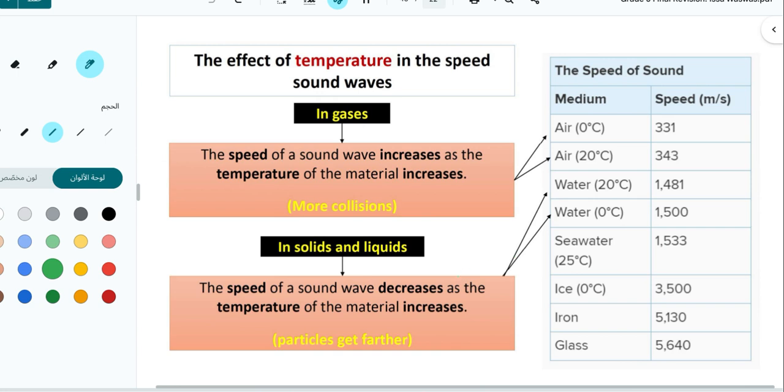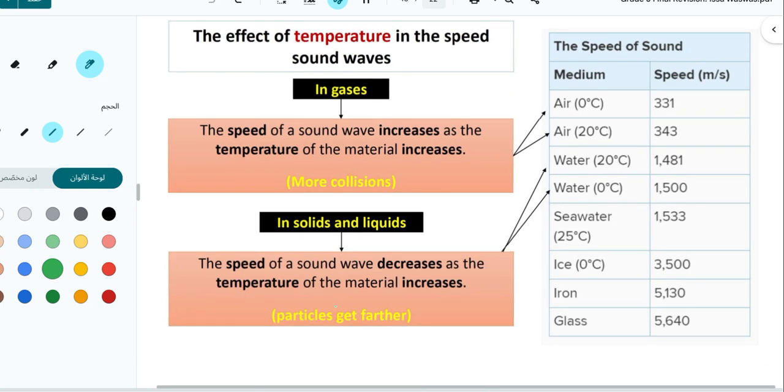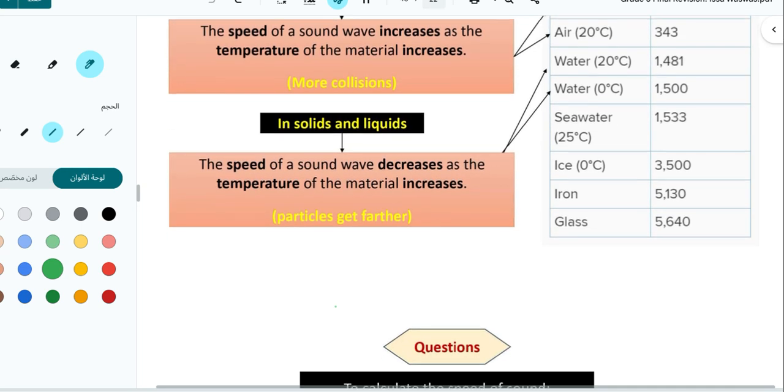Sound will travel faster through cooler solids and liquids, okay? Because the speed of a sound wave decreases as particles get further apart. So the speed of a sound wave will increase as temperature increases in a gas, but if we increase temperatures in solids or liquids, then their speeds will decrease.